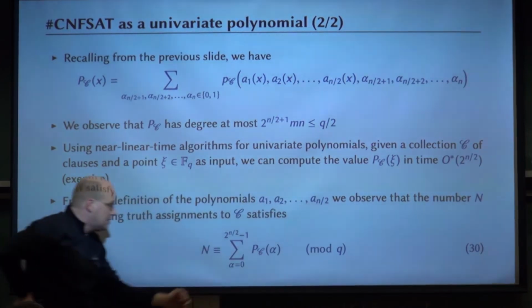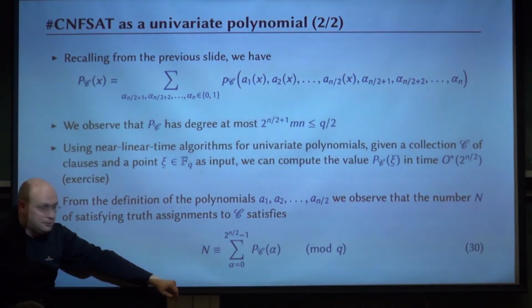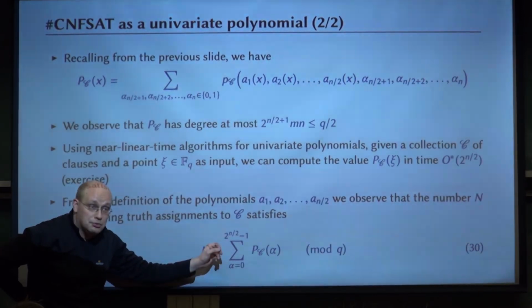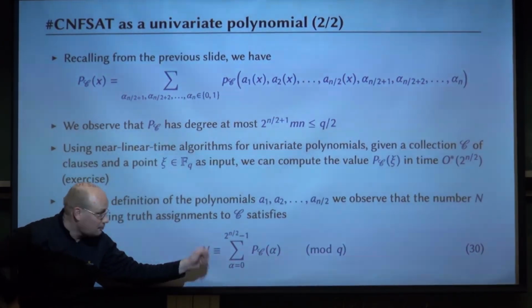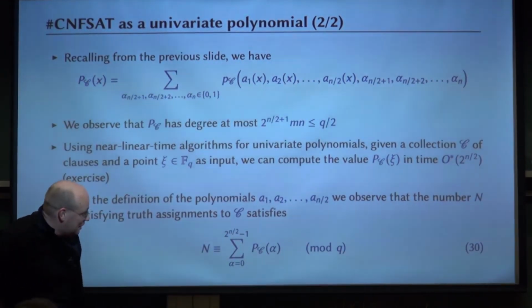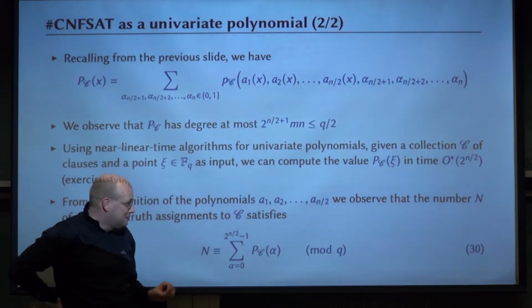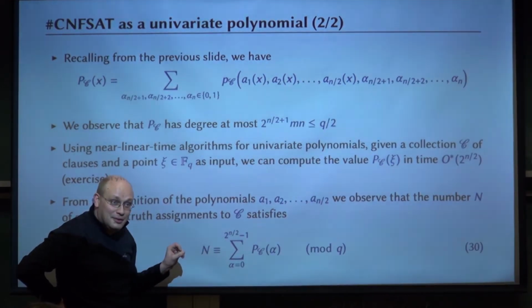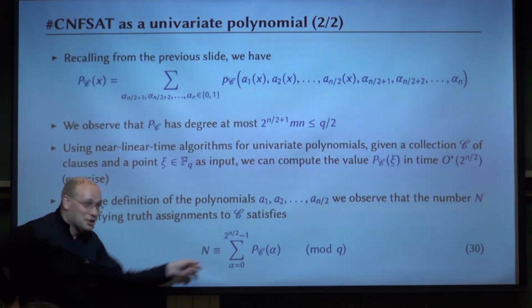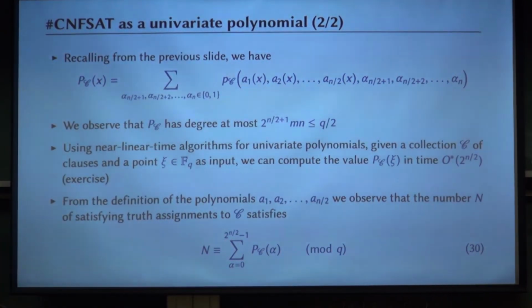If we stare at how those interpolating polynomials were defined, if I take the sum over the first 2 to the n over 2 non-negative integers, and I sum these values, evaluating the polynomial at alpha, I actually get the correct count modulo q. And if I have multiple primes, I can actually recover the correct count. So let's keep that also in mind and think about it.